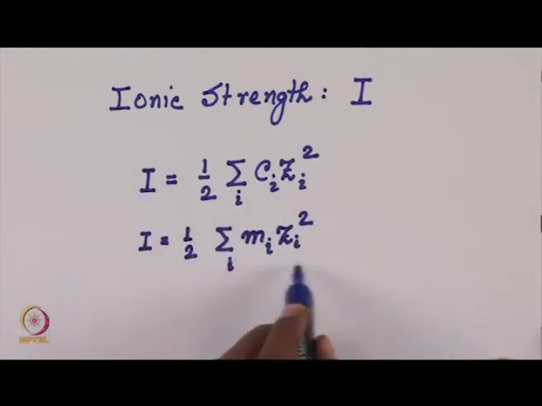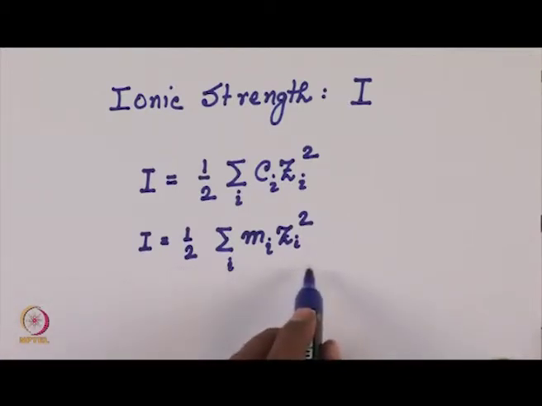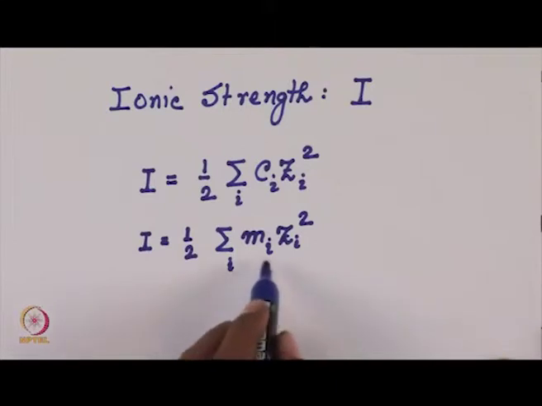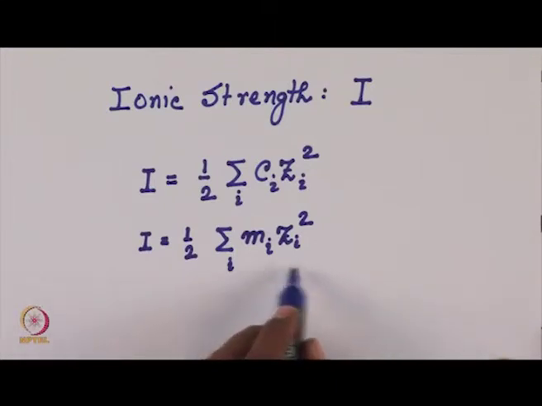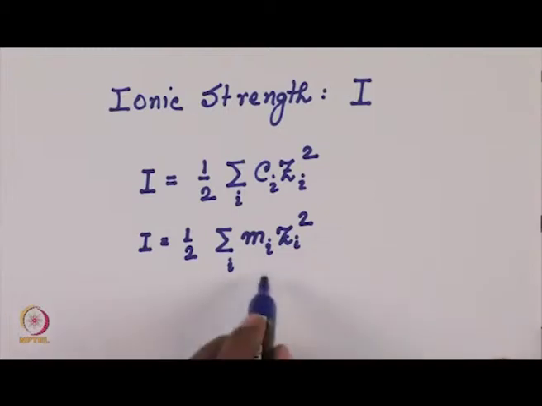It does not say that in calculation of ionic strength of the solution, you only consider sodium ions and chloride ions. Ionic strength of a solution will be calculated by including all possible ions present in the solution.